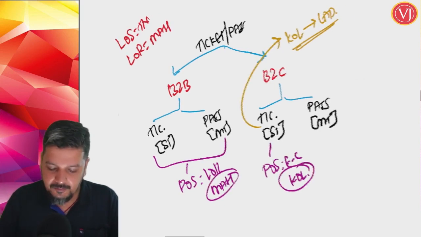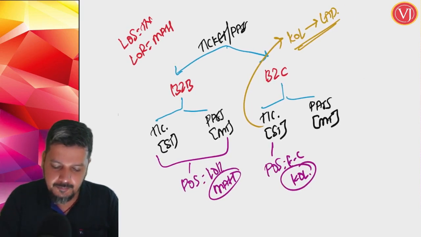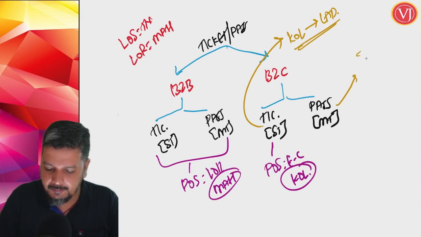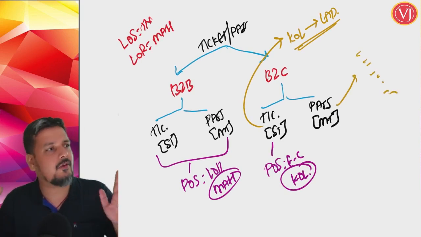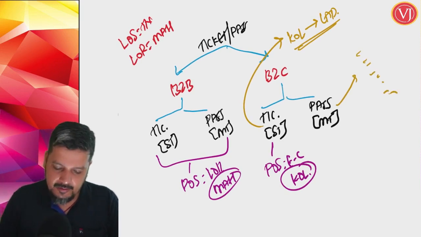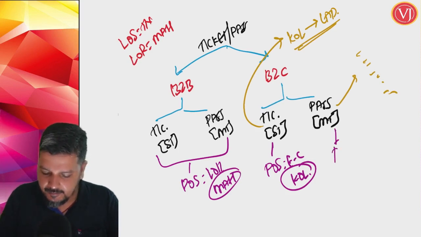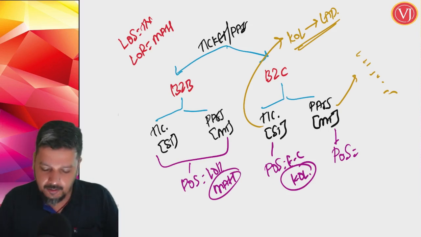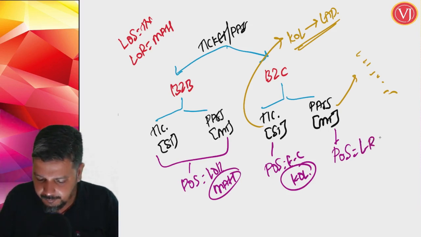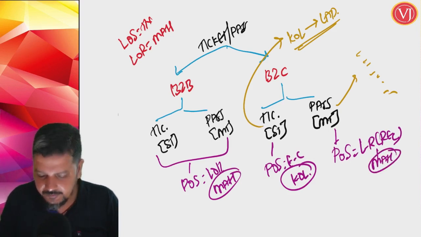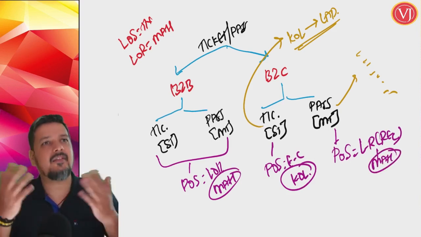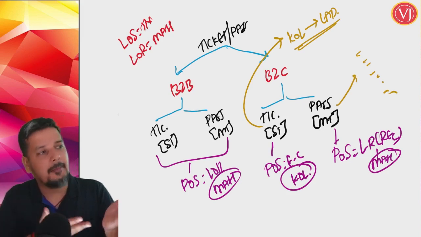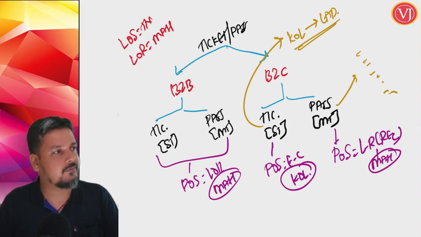Clear? But if it is a pass, multiple travels, meaning there will be lots and lots of travels, then what will happen for the place of supply? Normally, location of recipient will be on records. So the location of recipient which is on records will be there. It will be Maharashtra. If it is not there, location of supplier, Tamil Nadu.